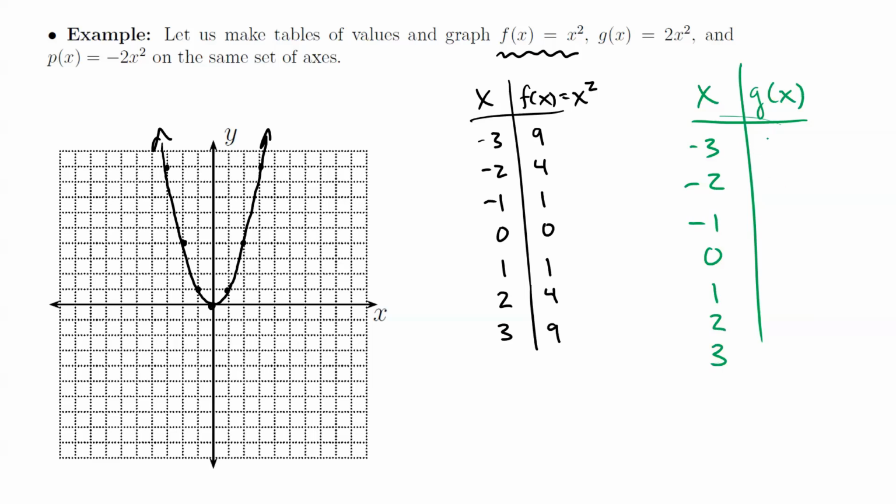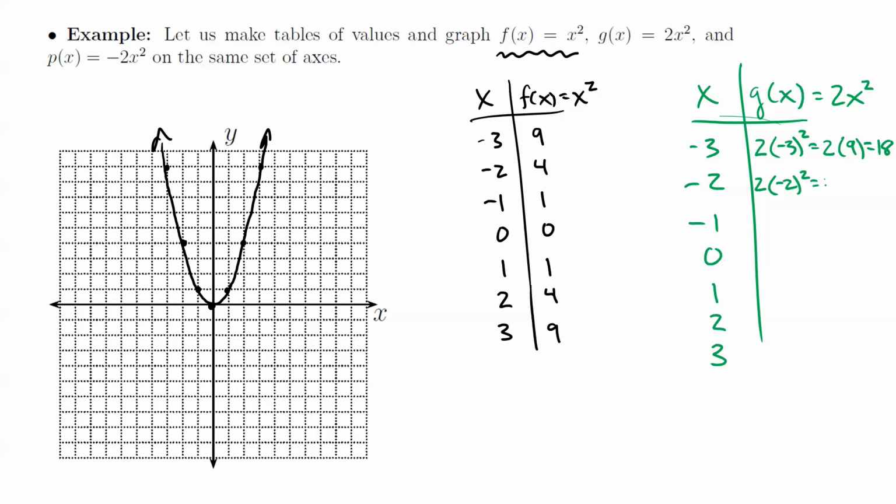So what's going to happen here, of course, is we are doing 2x squared. Well, remember that the order of operations is that you are going to square first and then multiply second. So it'll be 2 times 9, squaring first, and then that gives you 18, which is probably too big for our graph. So let's move on to the next one.